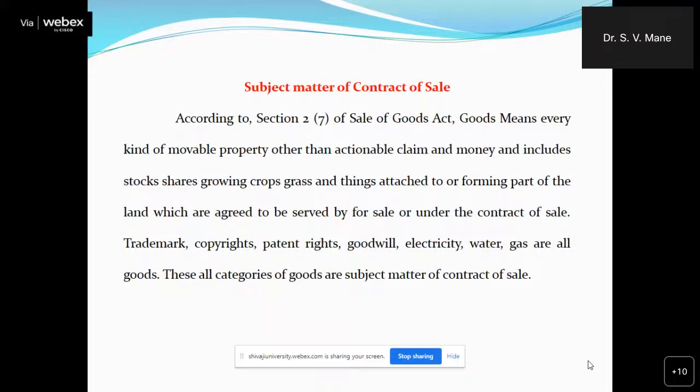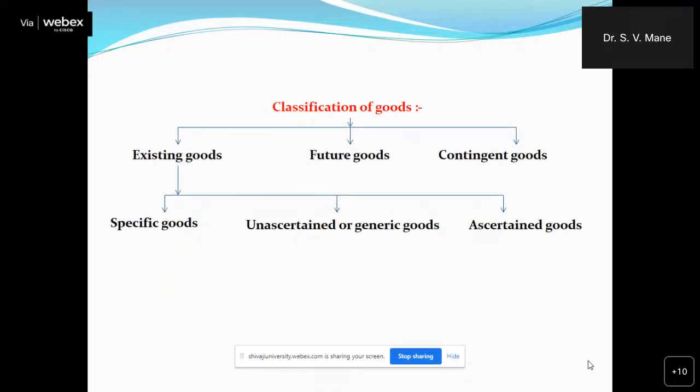That is, trademark, copyrights, patent rights, goodwill, electricity, water, gas are all goods. These all categories of goods are the subject matter of contract of sales.